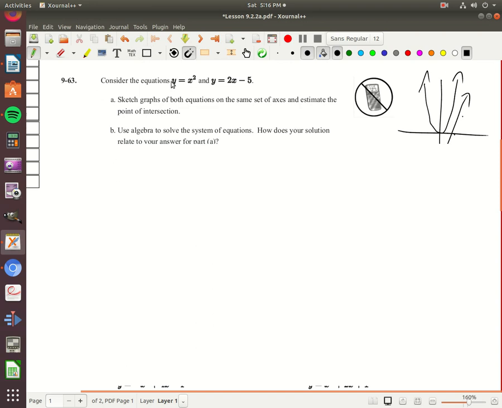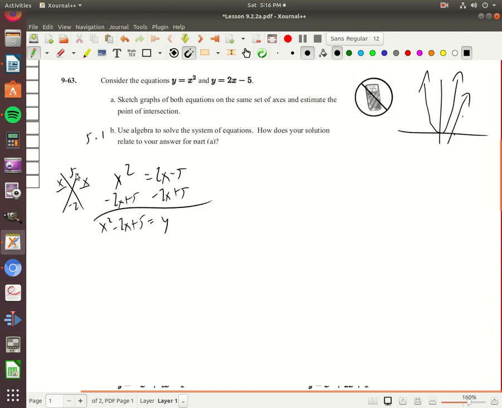We'll say, hey, look, this equals y and this equals y, so they must equal each other. Again, I want to work with a positive a, so I'll do it this way. I get x squared minus 2x plus 5 equals y. You can see my diamond's not going to get me very far here. 5 and negative 2. The only numbers I can think of are 5 and 1 that multiply to 5.